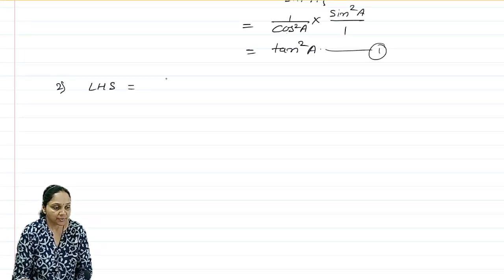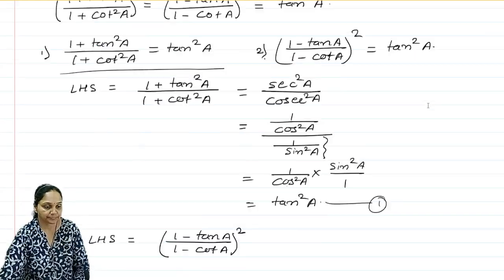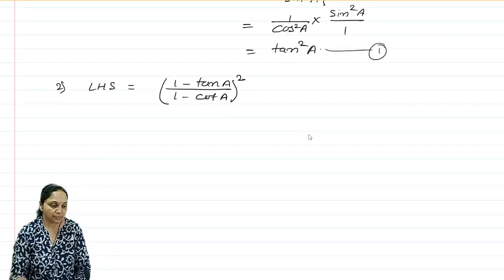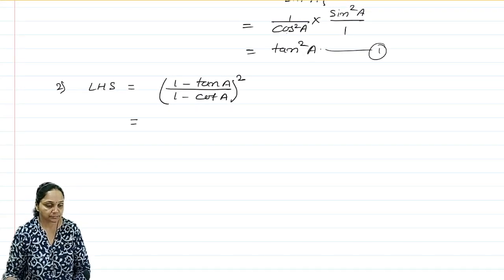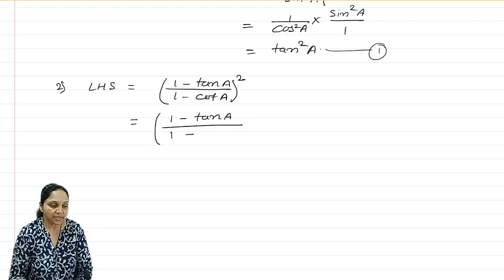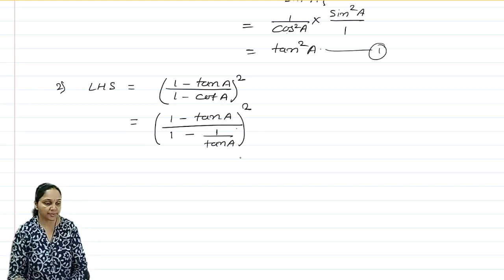That is ((1 − tan A)/(1 − cot A))². This is equal to, in bracket, (1 − tan A)/(1 − ...), I am substituting 1/tan A for cot A, and then whole square.